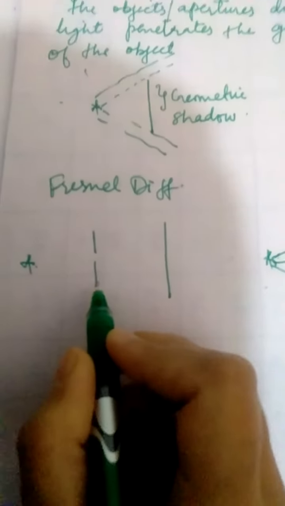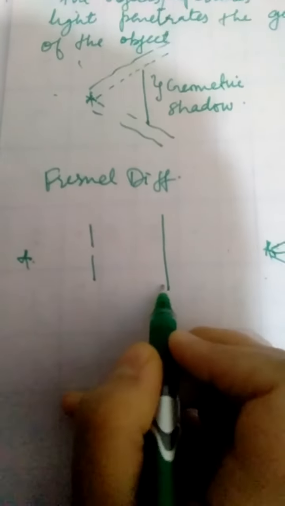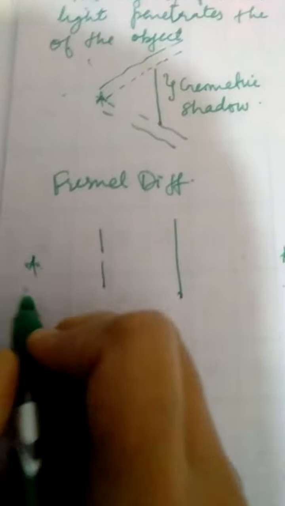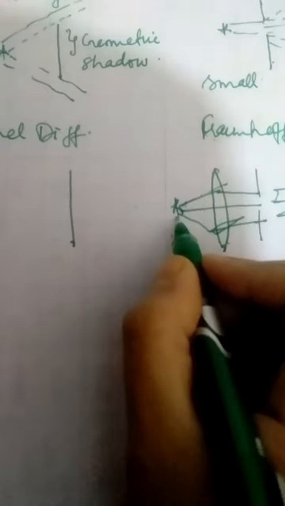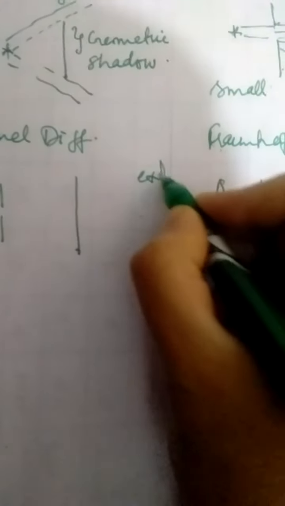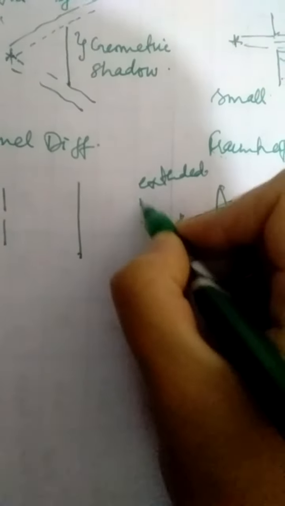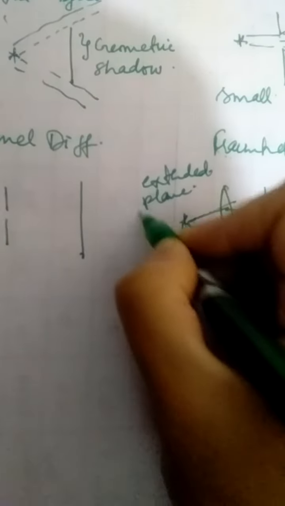But here you don't need any convex lenses because the slit is at a finite distance from the source as well as the screen. Now this source can be a point source or a line source. Obviously, we can understand that this source of light must be an extended source or a plane source, right?